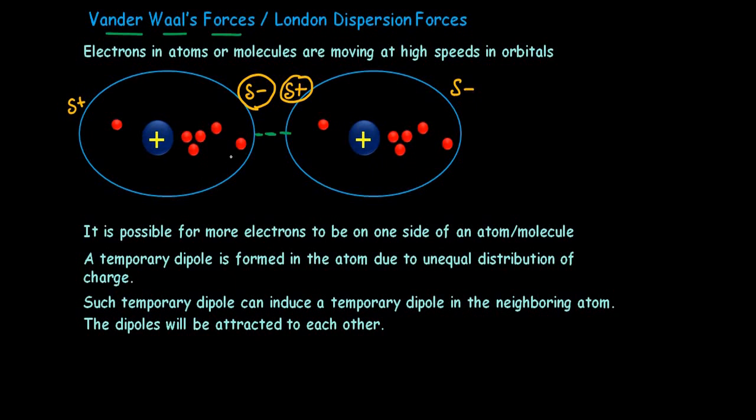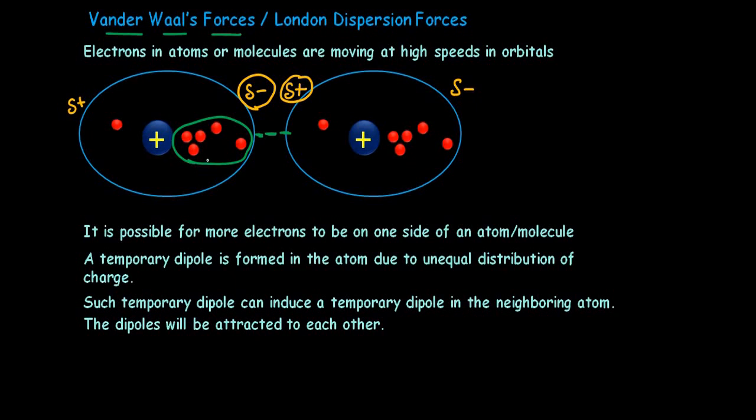And we can understand that this temporary bond, that is van der Waals force, which is very weak, is just due to the movement of the electrons, which is again only for a moment when these electrons are revolving around the nucleus.